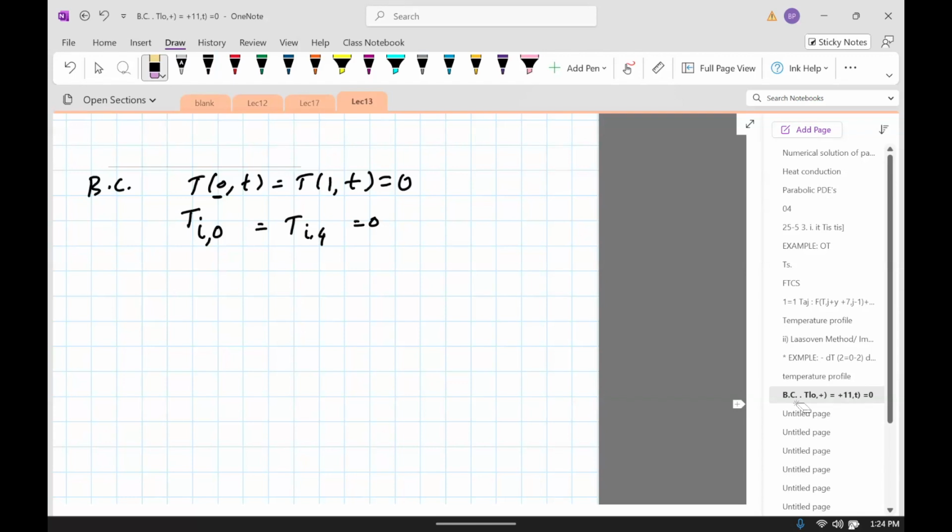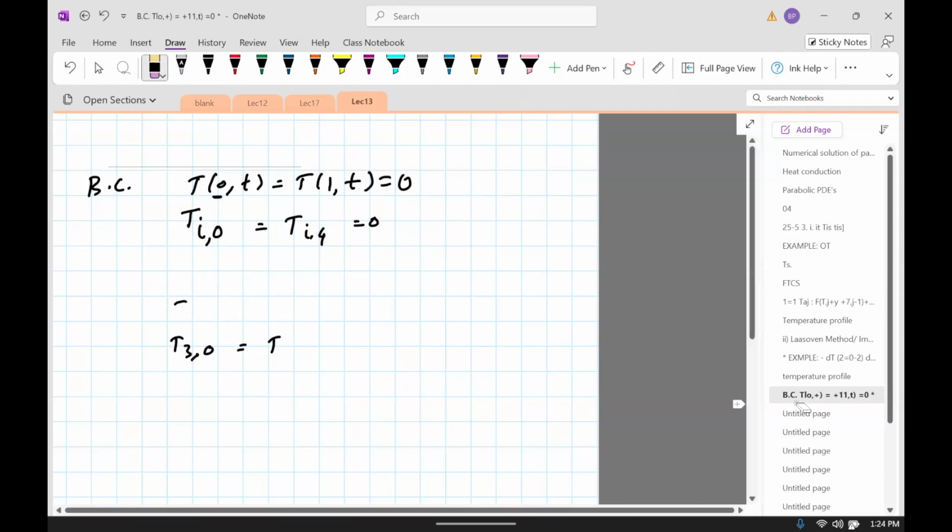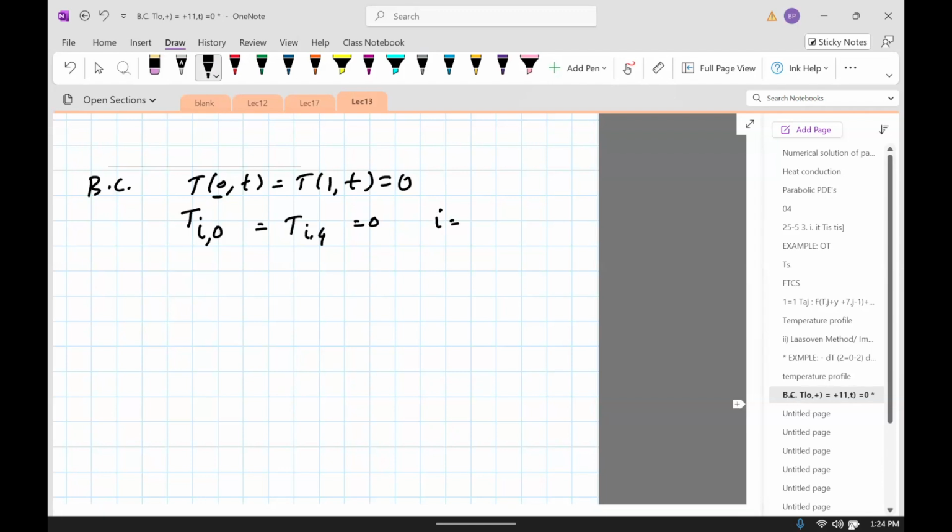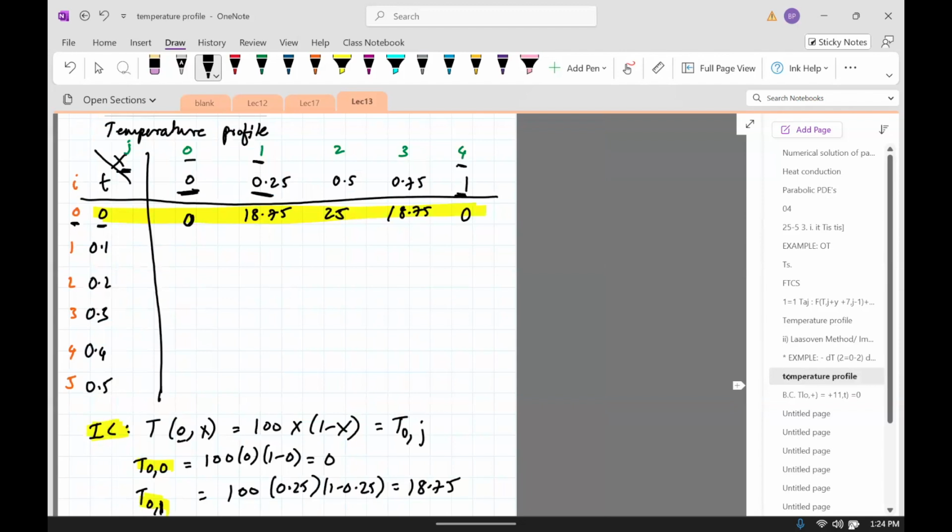Okay, so once we have that formula, that's true for any i. So we have T(1, 0) equals T(1, 4) equals 0, T(2, 0) equals T(2, 4) equals 0, T(3, 0) equals T(3, 4)... you know what, instead of writing it this way, the easiest way is to write this is true for i equals 0, 1, 2, all the way to 5.